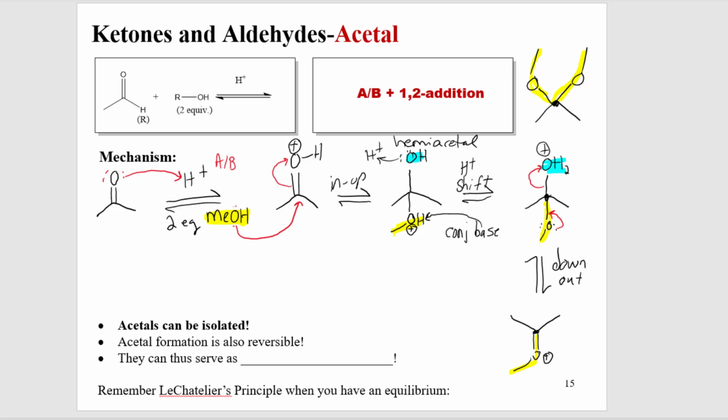There are no steric hindrance issues. So the next equivalent of methanol can much more easily attack. So don't try and do an SN2 and knock the water off. Do not do that. Okay, that is not what's happening. Instead, the second methanol is now ready to attack.